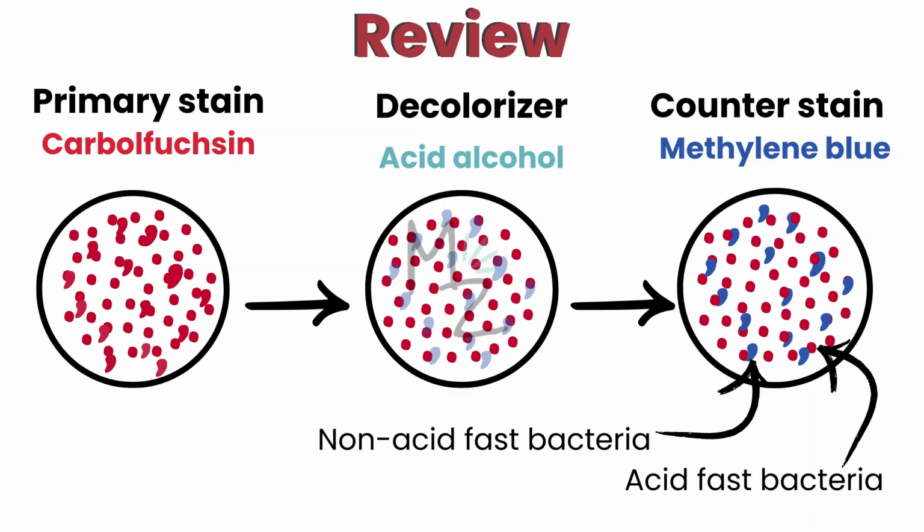So non-acid fast bacteria will appear just like that, and then we'll use a counter stain in acid fast staining that is methylene blue. It will color all the non-acid fast bacteria blue, and acid fast bacteria are still red.